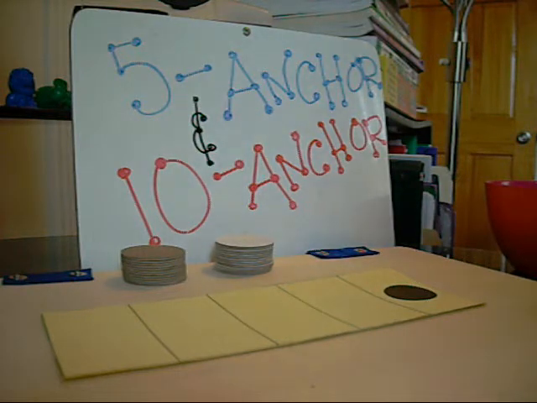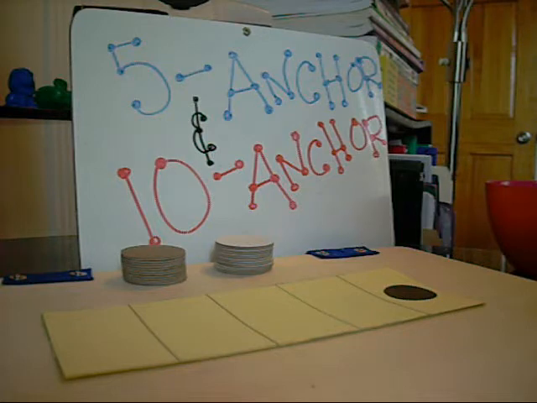And as we develop their five anchor, we slowly transition them to the next concept, which is the 10 anchor, which is building numbers in parts that equal 10, and also seeing 10 as an anchor for larger numbers.